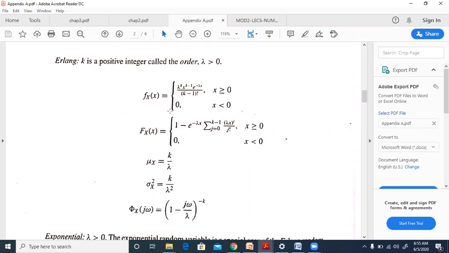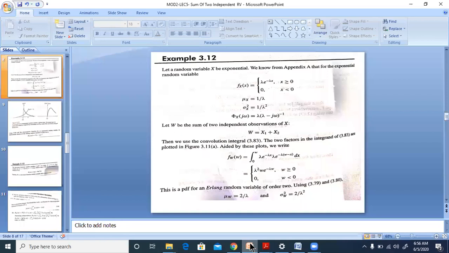Under that condition, mu_X will be equal to k by lambda, and sigma_X squared is k by lambda squared, and in our case k is equal to 2.